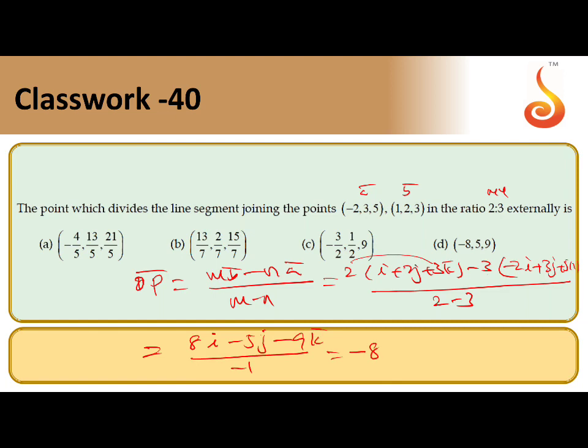So multiplying by minus 1, we get minus 8i plus 5j plus 9k. That means the point is (minus 8, 5, 9). Which option is (minus 8, 5, 9)? Option D is correct, because in the remaining options a denominator is there, so the first three are ruled out. Option D is the only chance. Clear? That is how to solve the external division question.